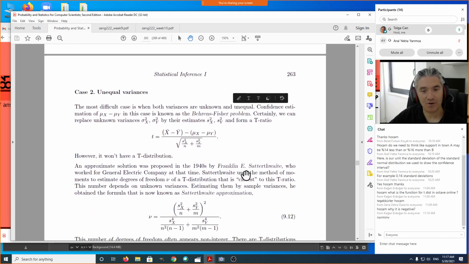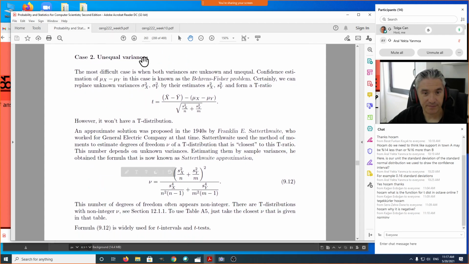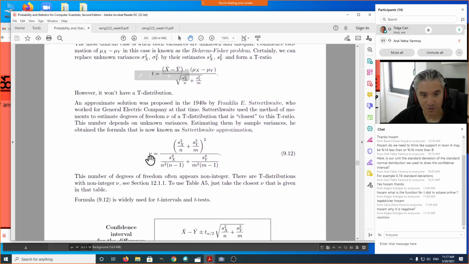And the last thing we're going to discuss today is this unequal variances case. Here, look at this. I just want to show you this. Look at this V. This is the degrees of freedom that we are going to use. Compare this with n plus m minus 2, which is a really simple formula, right? The sum of sample sizes minus 2 was your degrees of freedom.